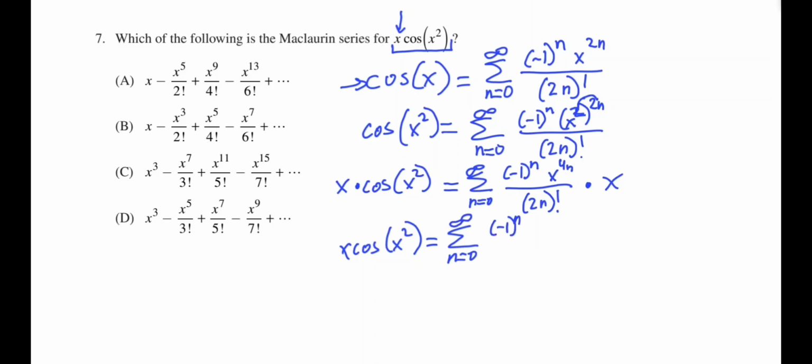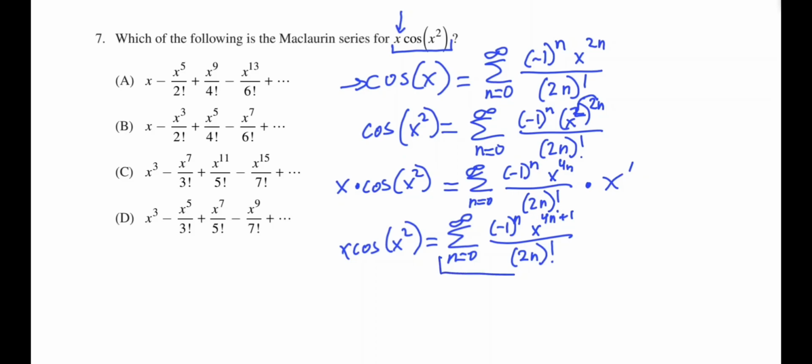And now we can combine these powers of x's. So x to the 4n power times x to the first power, by using properties of exponents, we can maintain the base of x and we can add the powers up together. So 4n plus 1 would be the new power of x. And then over at the bottom, we have 2n factorial.